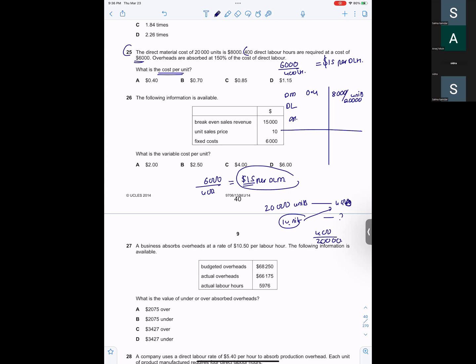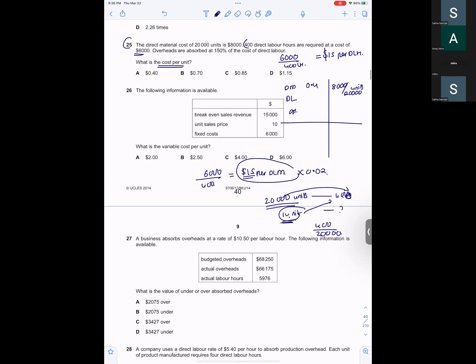Cross multiply, it is 0.02. For 20,000 units, you need 400 direct labor hours. For 1 unit, how much? 1 into 400 divided by 20,000. So what is the direct labor per unit? 0.3.